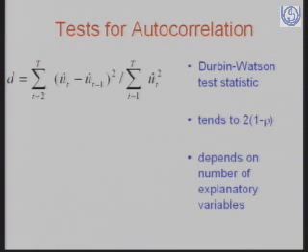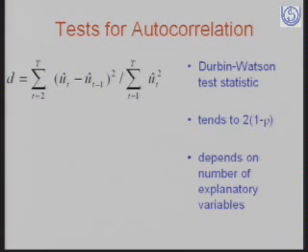If the autocorrelation is rho, then the d statistic will tend toward 2 into 1 minus rho. That means if rho is equal to 0 for a particular data set, it will tend towards 2. So the Durbin-Watson statistic tends towards 2 when there is no autocorrelation at all in the model.